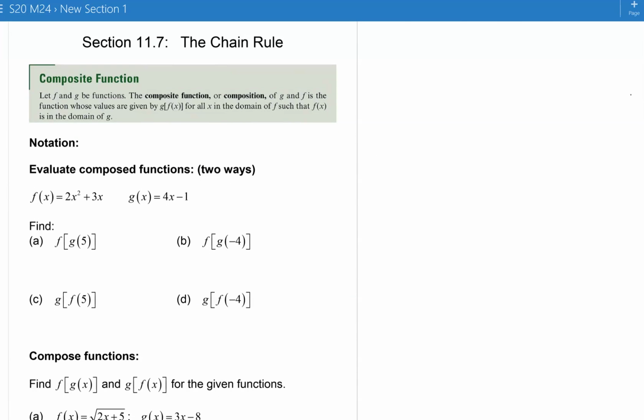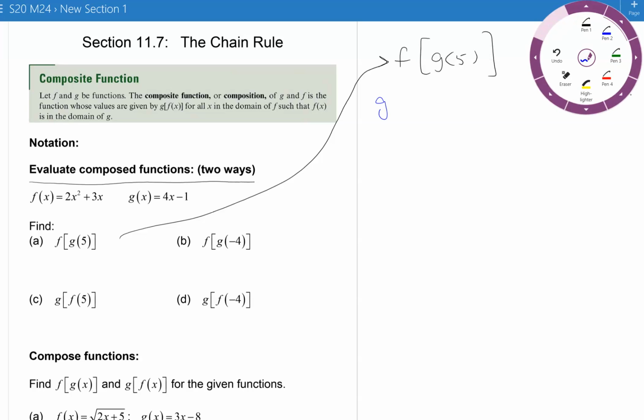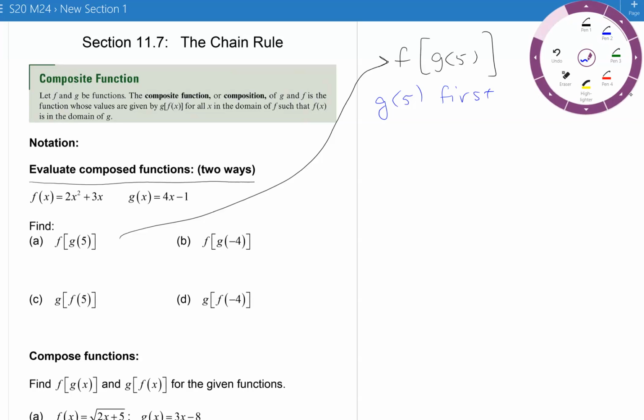So let's do a little bit more review of composed functions. There are two ways to evaluate a composed function. The first way I'm going to show you is if I want to know what f of g of 5 is, I can do g of 5 first. Well, we know how to do that.